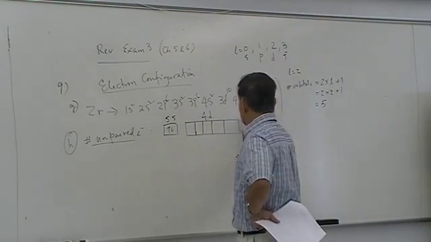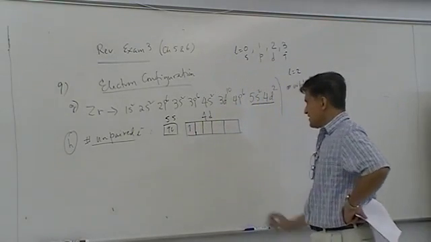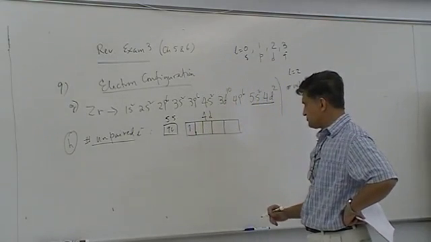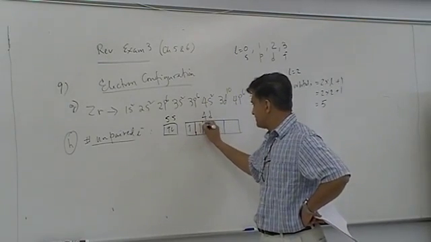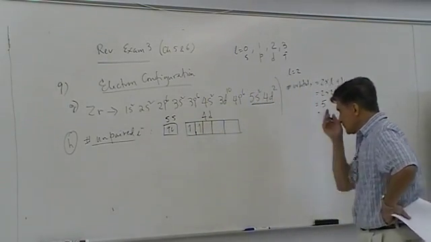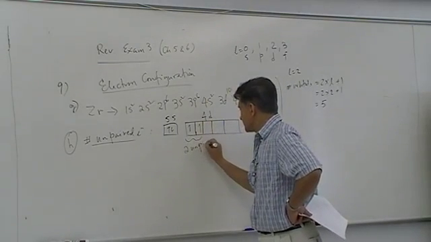Now there are only 2 electrons. According to Hund's rule, you have orbitals like this with the same energy. Electrons would fill them singly before they start pairing up. So in other words, in this case I have 2 unpaired electrons.